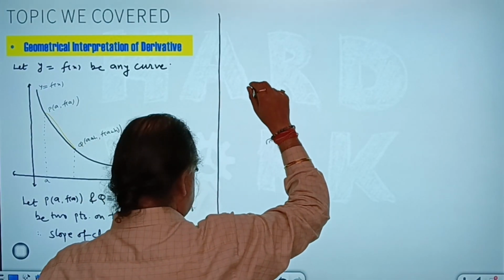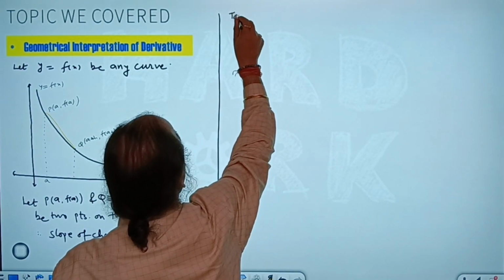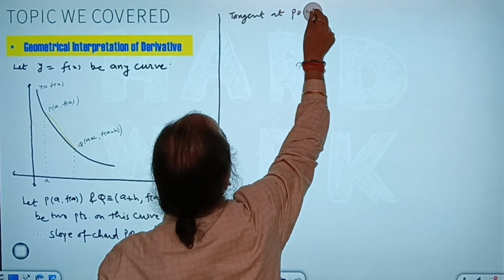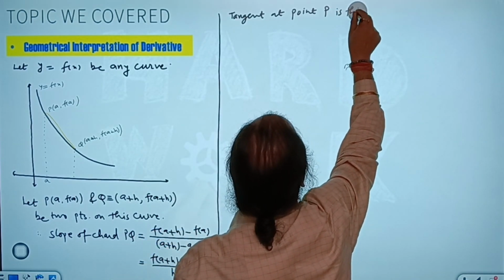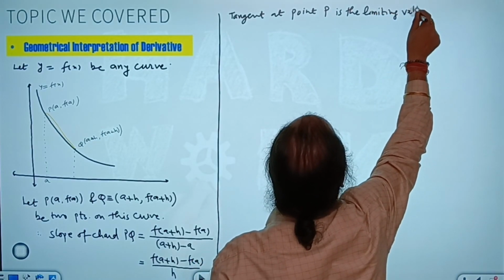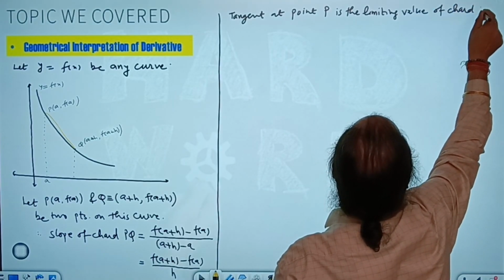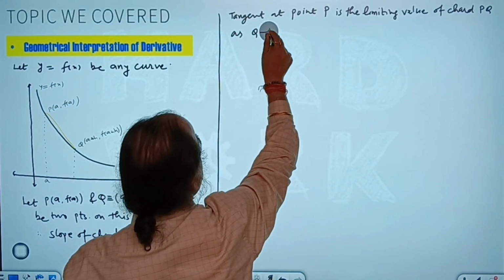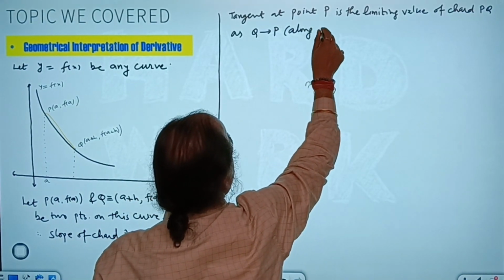Tangent at point P is the limiting value of chord PQ as Q tends to P along the curve.